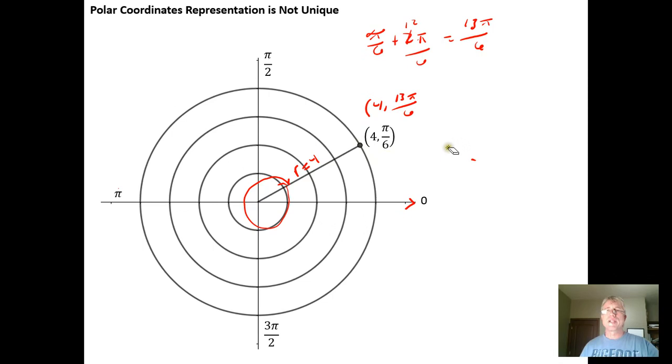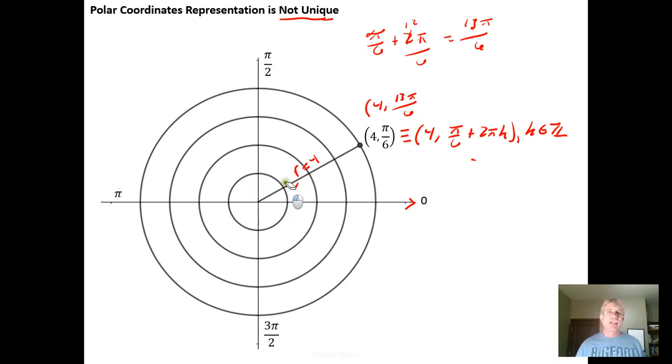In fact, we could say this point is equivalent to (4, pi over 6), the radius comma the simplest angle with respect to the radial axis, but we could add any 2 pi k to pi over 6, where k is some integer value, and we would get a coterminal angle. So there isn't a unique representation, but it's more typical to represent a point using an angle between 0 and 2 pi, or 0 and 360 degrees.